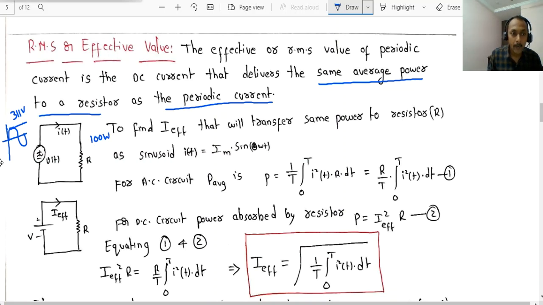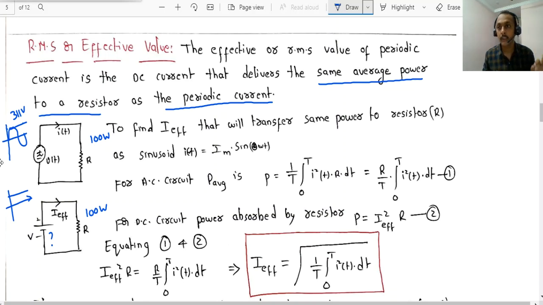For example, let me assume 100 watts is delivered to the resistor. Now, if you apply some DC voltage, I should get the same 100 watts delivered to the resistor. At that time, what should be the value of the DC voltage? If you are applying 311 volts sinusoidal and 100 watts is delivered, then in order to deliver the same average power, how much DC do you have to apply?